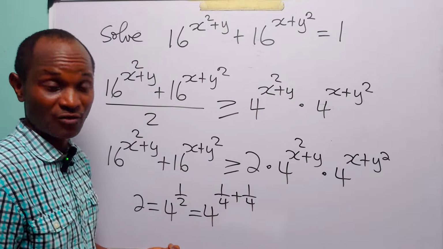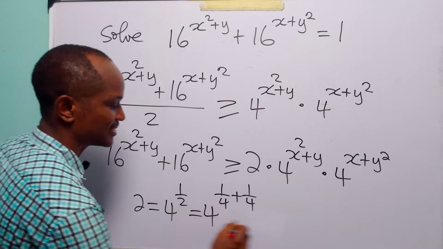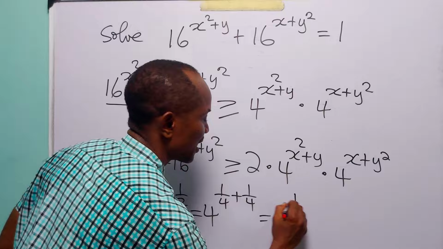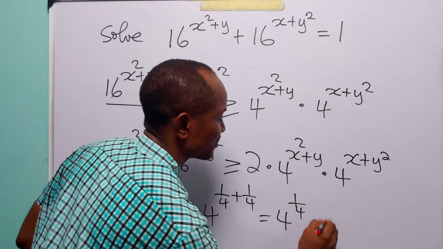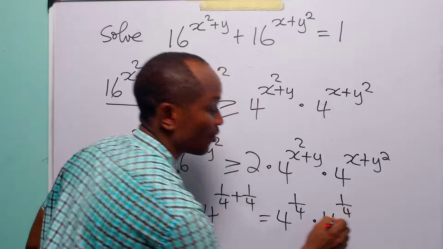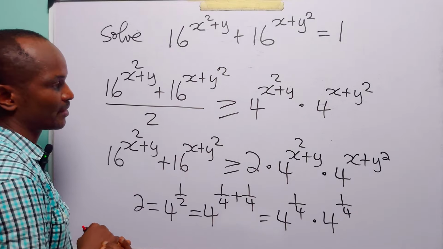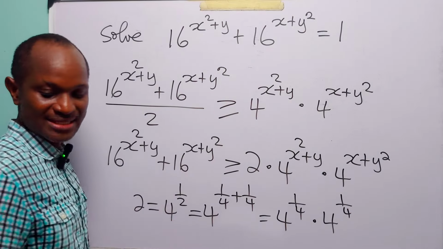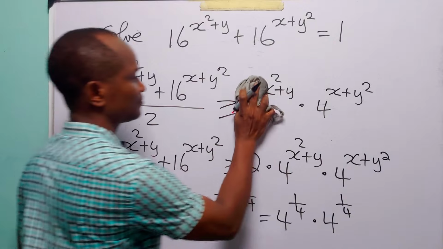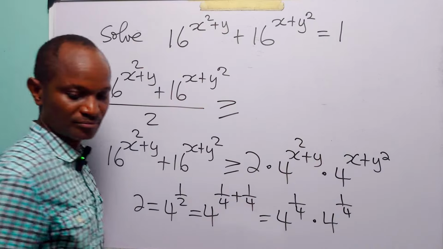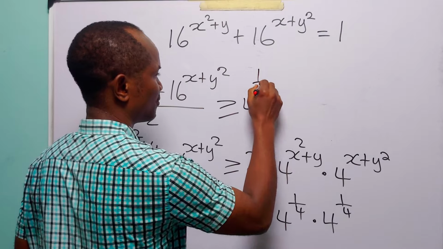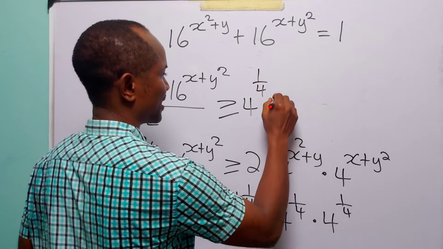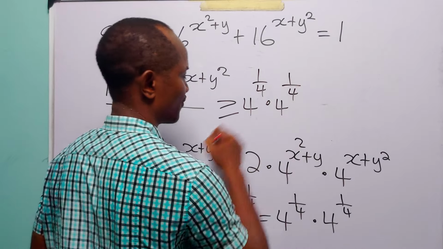And of course, from our laws of indices, we know that we can write this as 4 to the power 1 over 4 multiplied by 4 to the power 1 over 4. So now, on the right-hand side, we have 4 to the power 1 over 4 multiplied by 4 to the power 1 over 4.